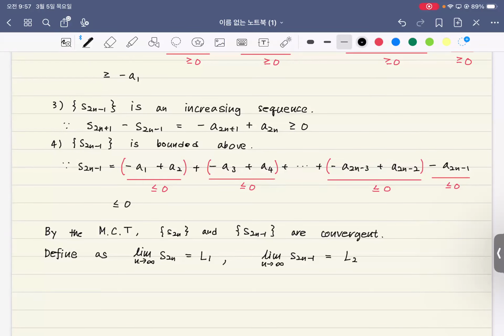Now, what remains to show is this. We have these two limits, and if we are able to show that these two numbers are actually the same number, then that should be the limit of the original alternating series.